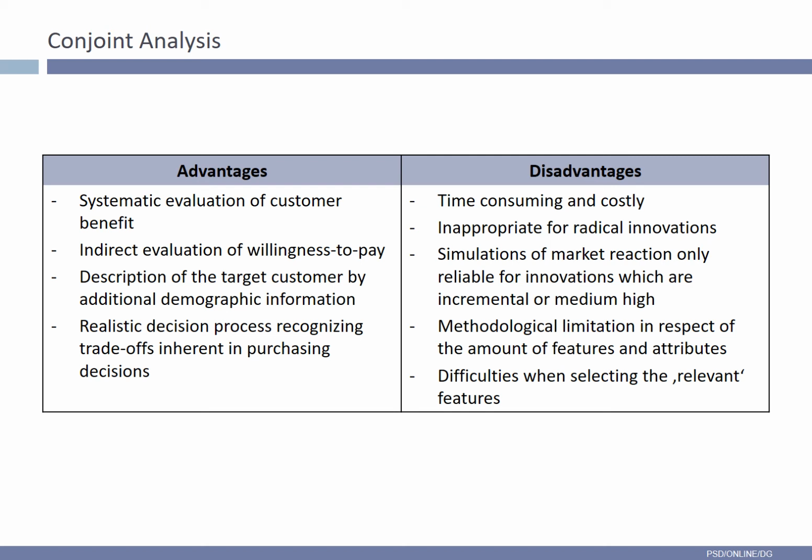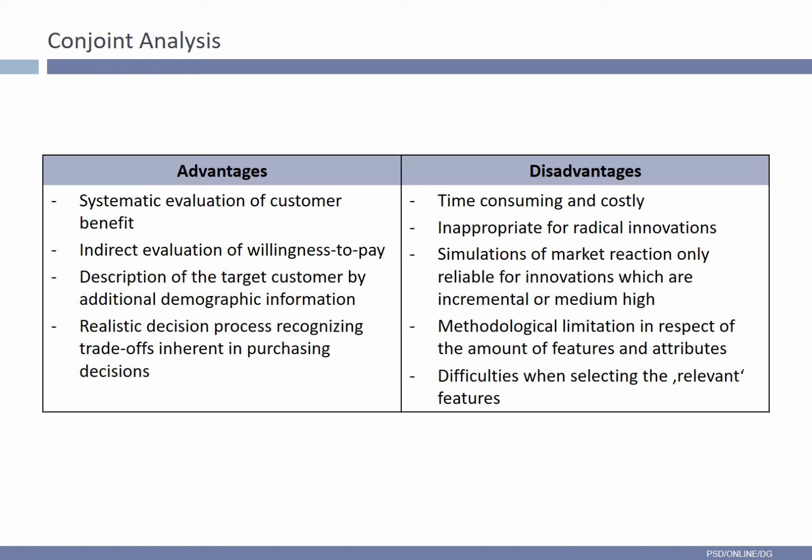So if you would require the customer to rank 20 or 40 different product variations from I like this one most and this one least, then actually every customer would be overwhelmed. So you are limited to a couple of features and attributes, but actually you can focus on those that are most important for you from a cost perspective, but also from the customer benefit that you expect that they deliver.